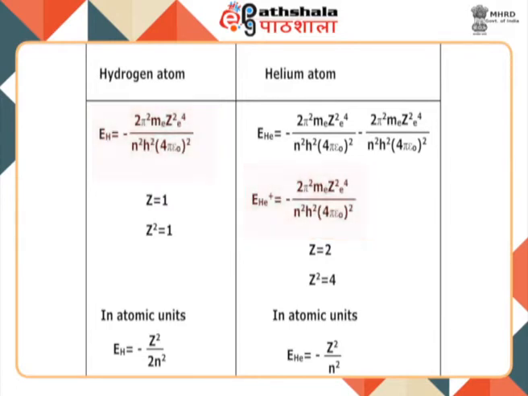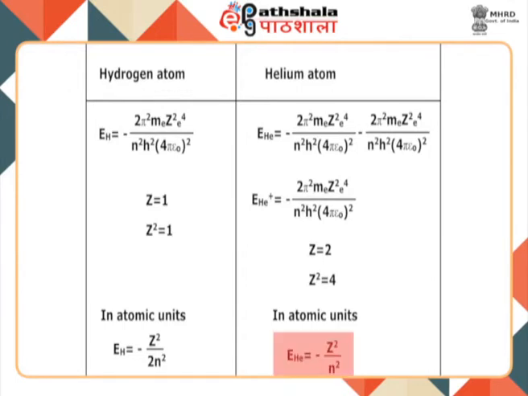One thing more which is very striking and important to see from this table is, if you look at the left hand side bottom, you see that the energy EH has been given in the corresponding atomic units. And on the right hand side, the same energy is given for the helium atom in atomic units.